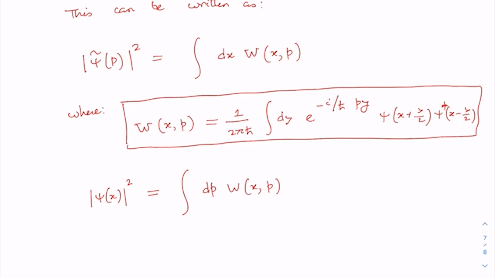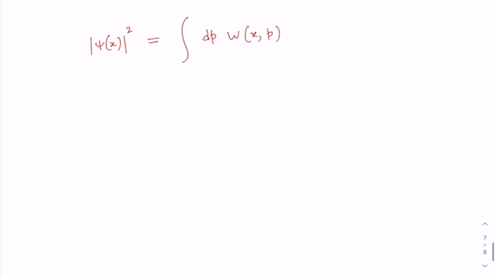Okay, now if our quantum system is not a pure state, because you know that if we have a quantum system which is pure, we can define a wave function, but if our system is not a pure state, it is in a mixed state. That means it is in an incoherent classical mixture of different wave functions, each with different probability. Then this Wigner distribution function we can write as an ensemble average.